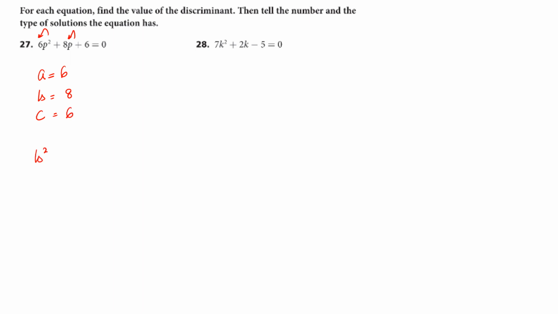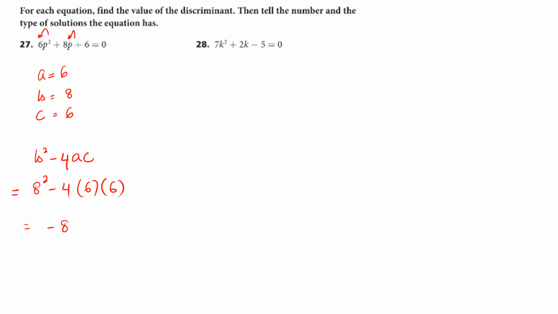B square minus 4AC is the discriminant. So 8 square minus 4, A is 6 and C is 6. Write it in the calculator to get the answer directly: 8 square minus 4 times 6 times 6, and you will get negative 80.